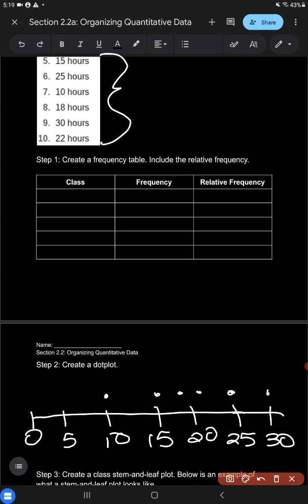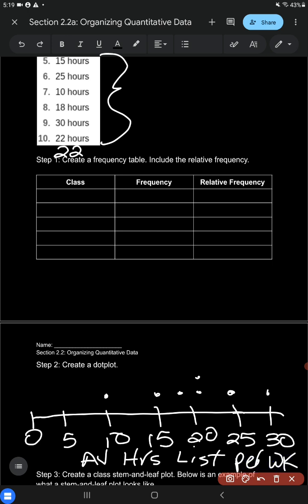And let's say that there was an 11th person that I questioned, and they also said 22 hours. Well, then I would just stack that dot on top of the other 22 that is already there. Okay? And so we would want to give this dot plot a label down here at the bottom. So maybe we say average hours listened per week.